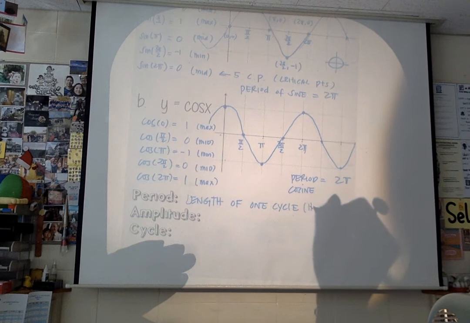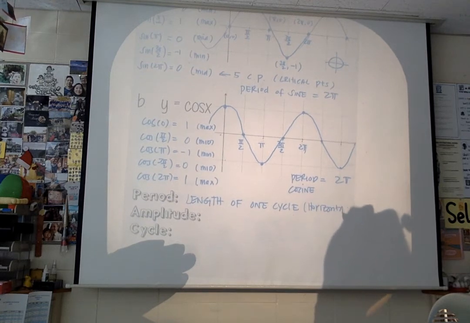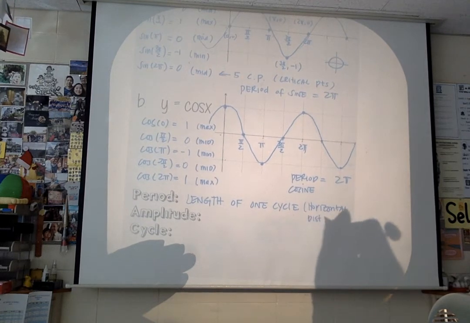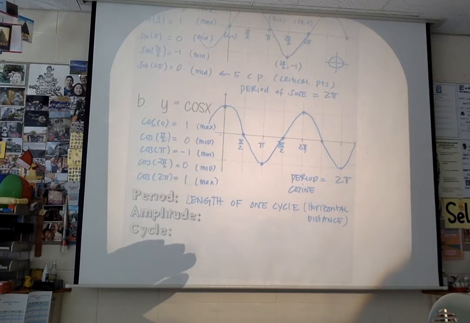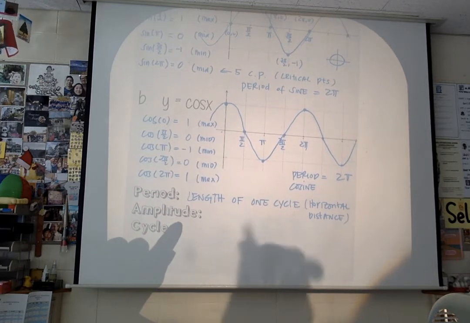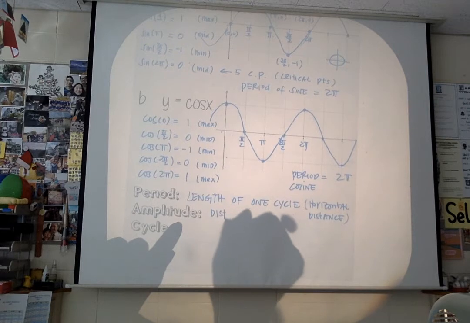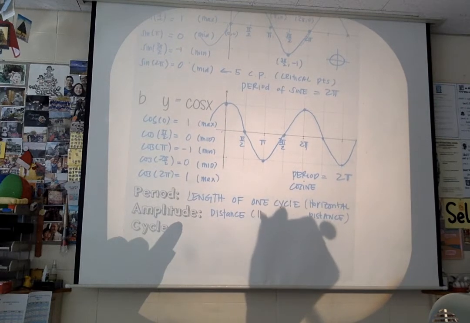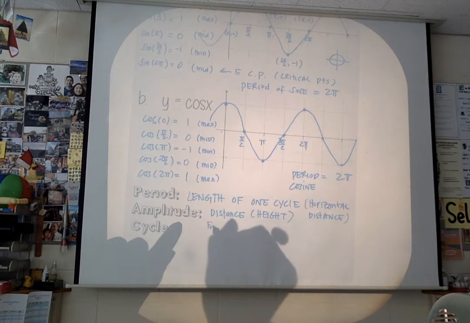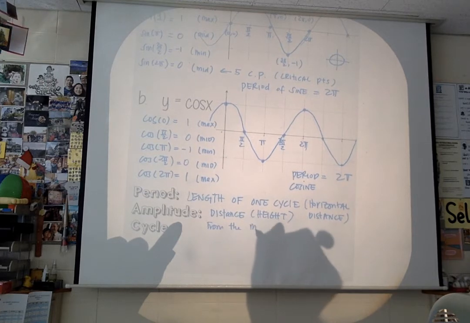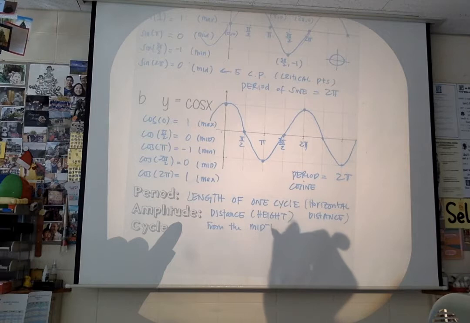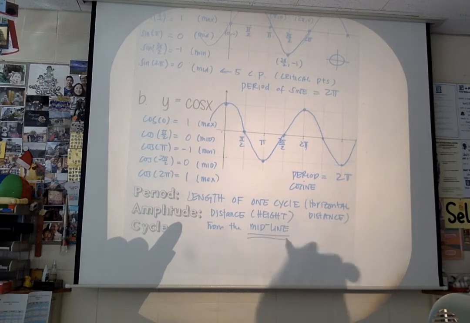It's basically your horizontal distance. Amplitude is a distance. It's actually your height, just your height from the midline. Now, the midline could change if there was a vertical shift.